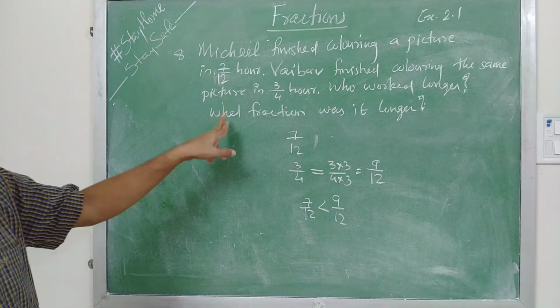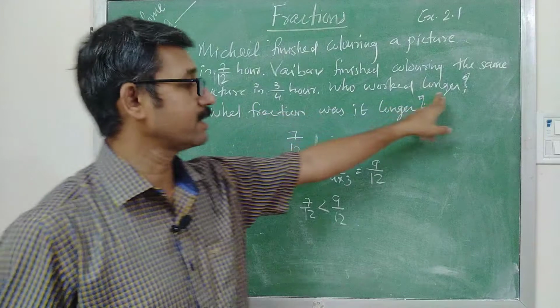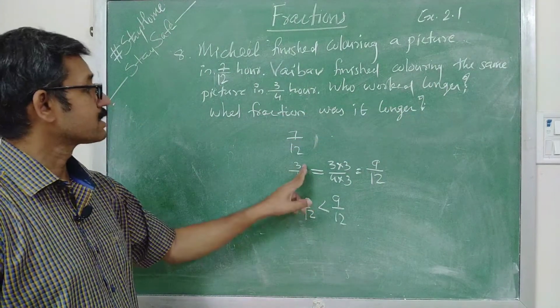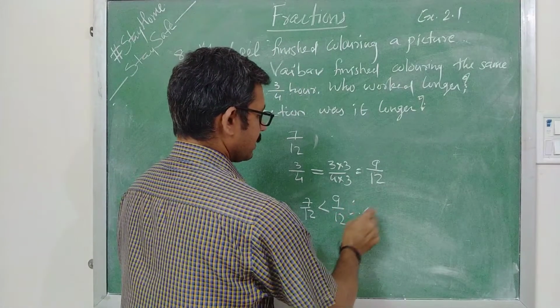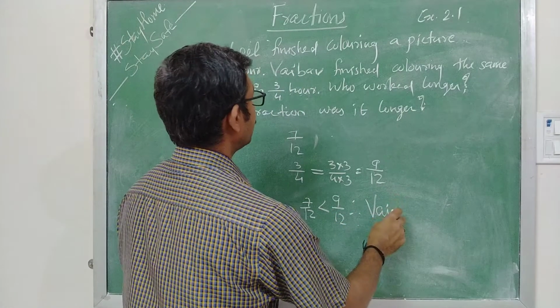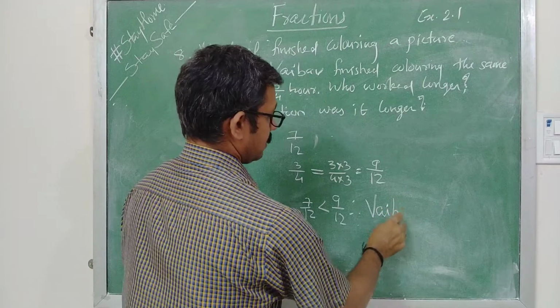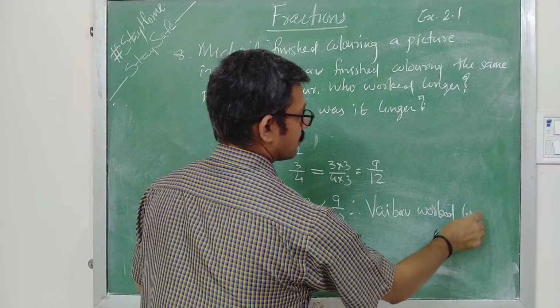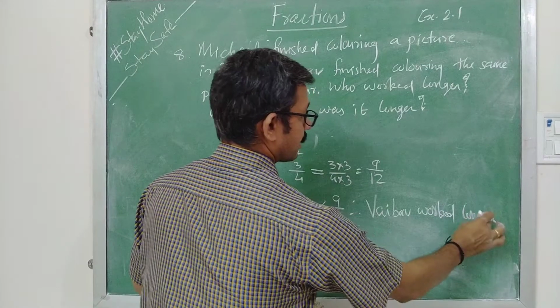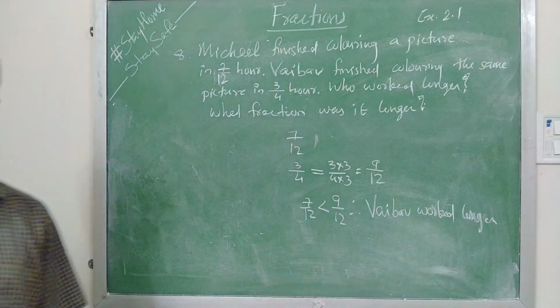Now you got the first question's answer. But who worked longer? Among that, 9/12 is Vaibhav's. Therefore we can say that Vaibhav worked longer. Understand why? Comparison. You understand comparison? Vaibhav worked longer.